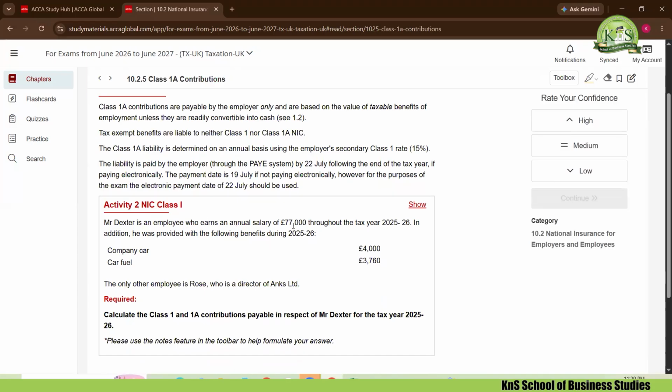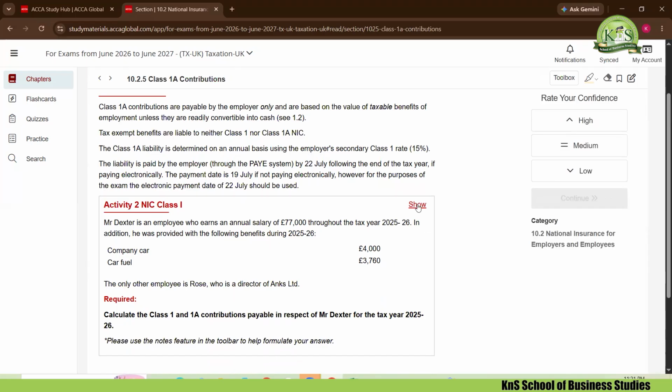So an employee having a salary of 77,000, it is asking you to find out class 1 and 1A both. So I'll do it. In addition, he was provided with benefits, car and fuel benefit. It has already been given to you. The question can ask you to calculate it as well, but right now this is given. The only other employee is Rose, who is a director. He will not get any employment allowance.